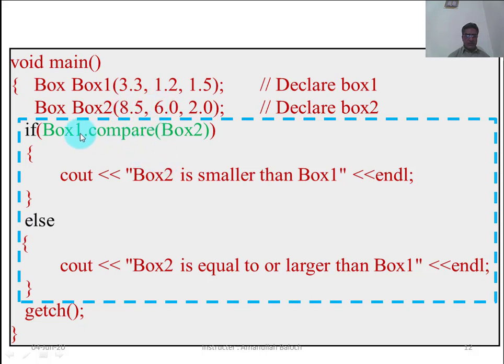So if 0 is returned here, then the computer will execute the else block and display the message: box 2 is equal to or larger than box 1. In this case, box 2 is larger than box 1.